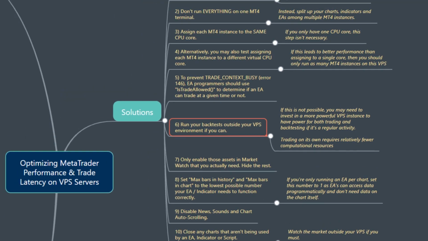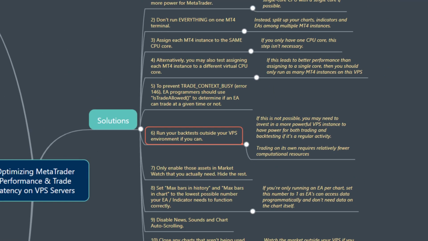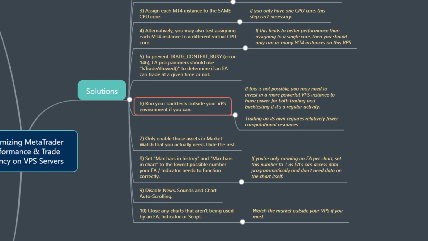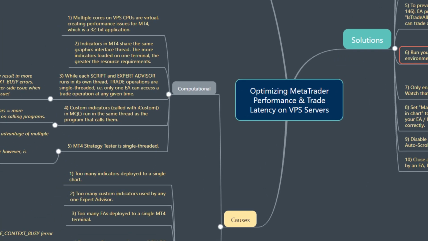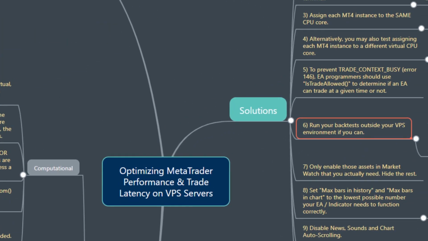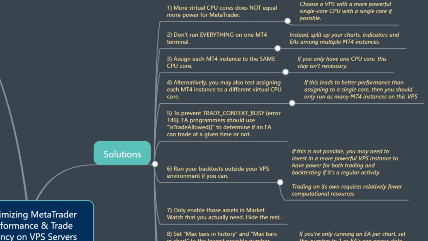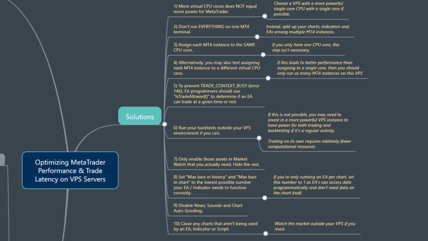These problems we've discussed today, as well as the causes and solutions, are specific to MetaTrader 4 and not to MetaTrader 5, as far as computational constraints are concerned, because MetaTrader 5, as I talked about earlier, is indeed a multi-threaded application and resolves a lot of the issues discussed in this tutorial today.